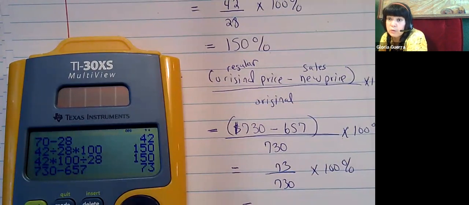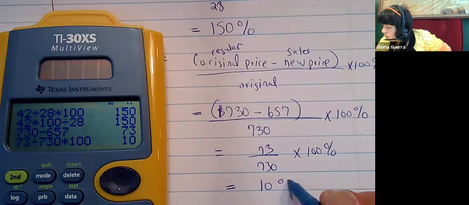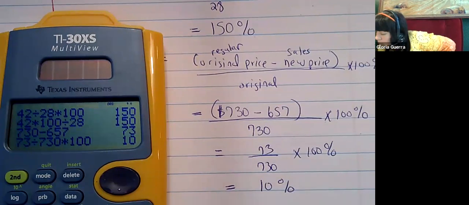Okay, so 73 divided by 730 times 100. Looks like that just gives me 10%. That's the discount rate. That's your discount rate.